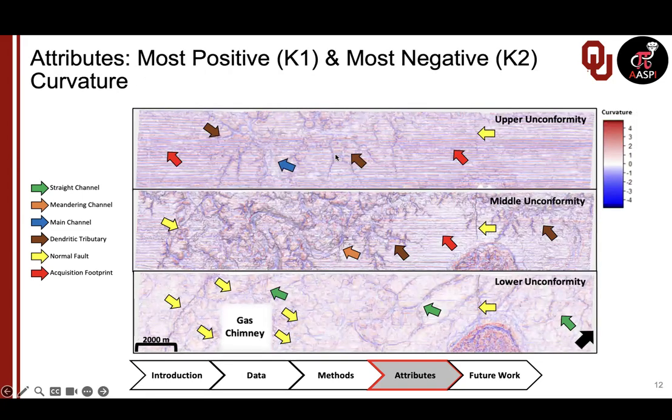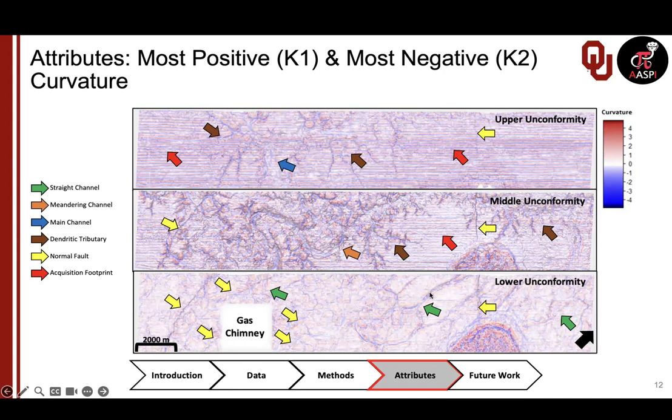So like I said, we see the same thing here. We see a really enhanced acquisition footprint in the shallowest unconformity, but nonetheless, we're still able to better interpret the geology. So this is most positive and most negative curvature. The negative curvature is, of course, highlighting the centers of the channels, which we can see is all blue through here, and then out here in these tributaries.